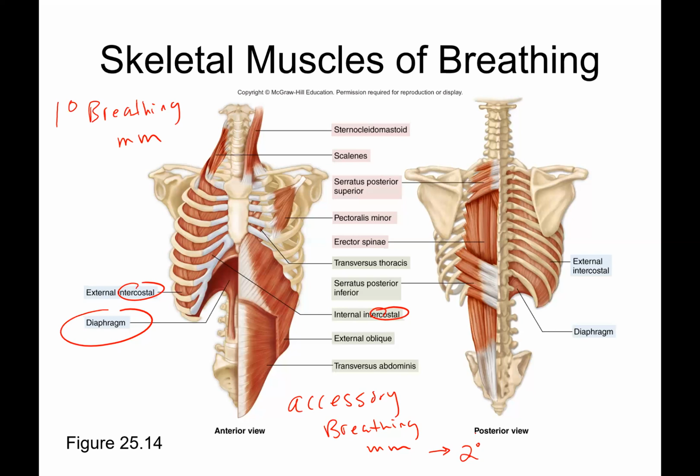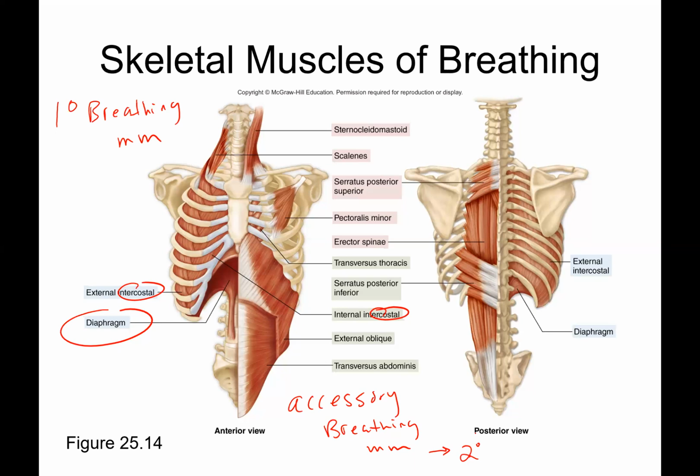Now, these are muscles you're going to recruit on purpose, either because you're having a hard time breathing, like COPD people, or you're doing it on purpose, like blowing out birthday candles, breathing techniques like yoga, and all these other techniques, exercising. And that's pretty much all the other muscles that have a rib connection.